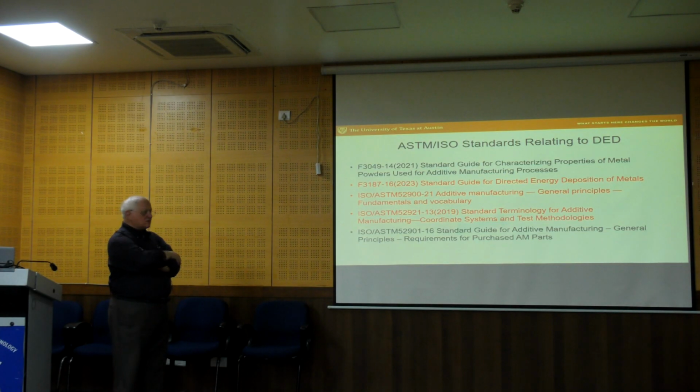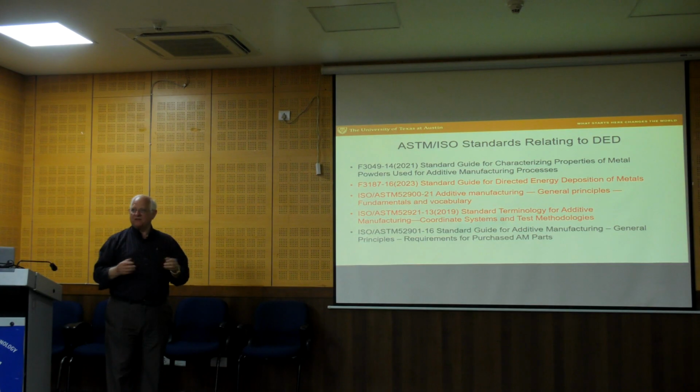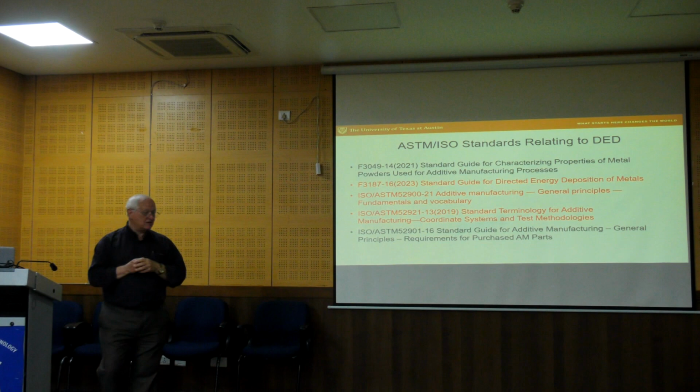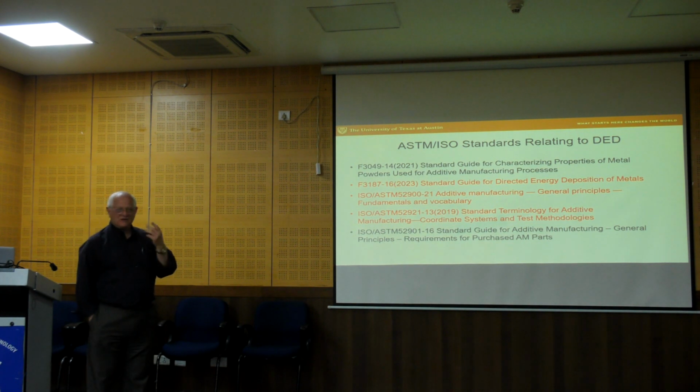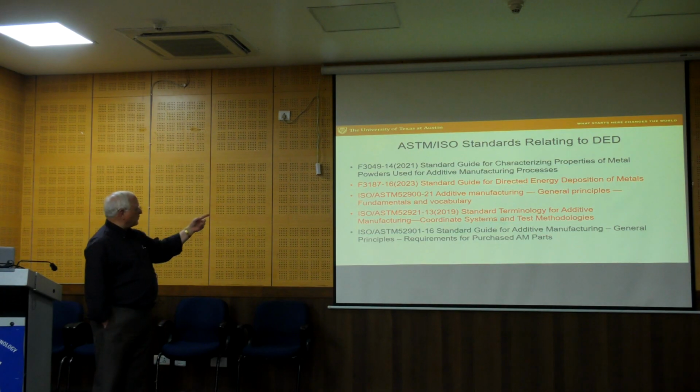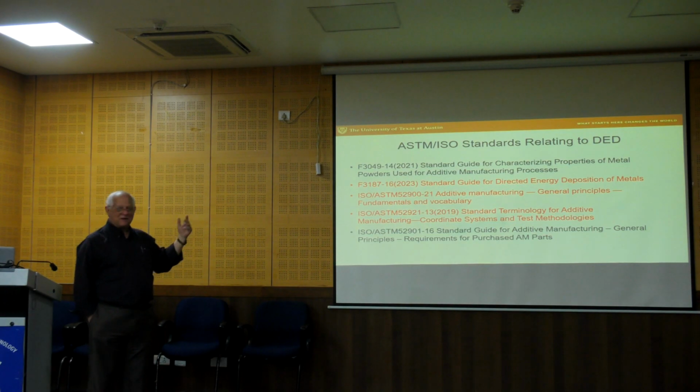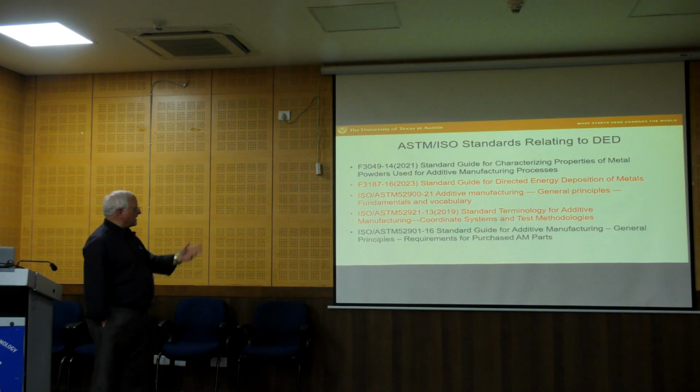It's a guide. It's basically a how-to, things you should think about if you're doing directed energy deposition. Then of course I list 52900, the dictionary. 52921 is the coordinate system. That's the other one.